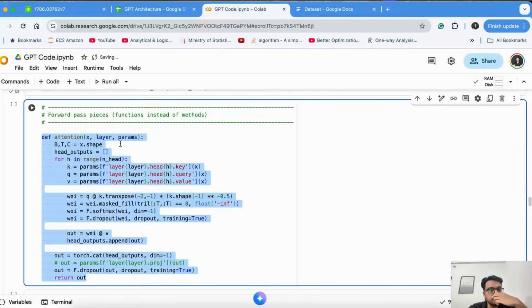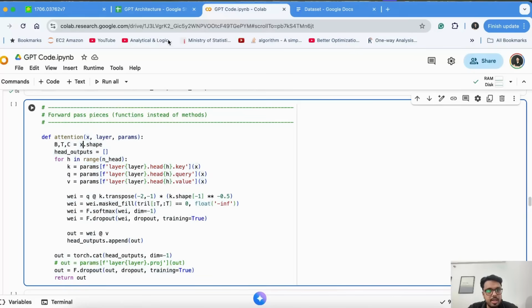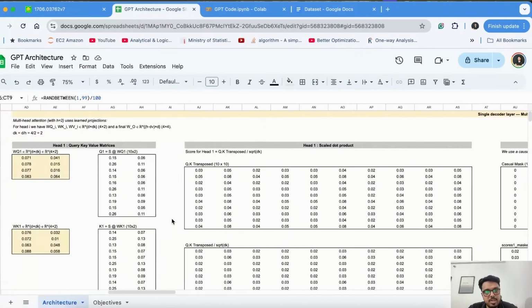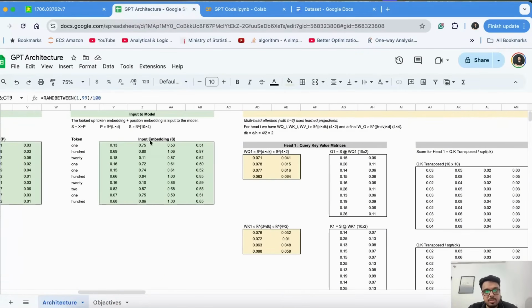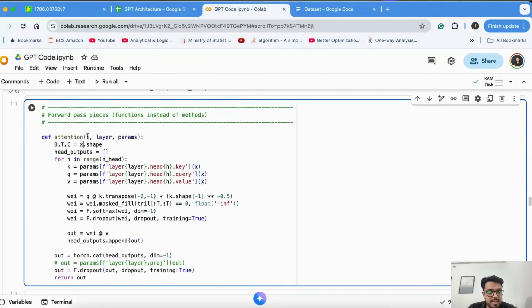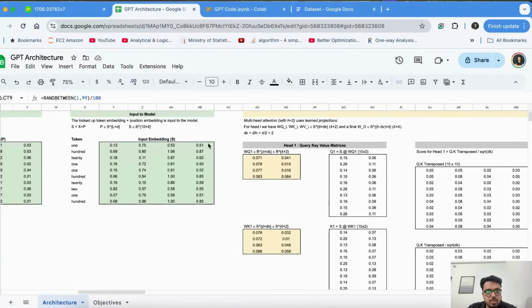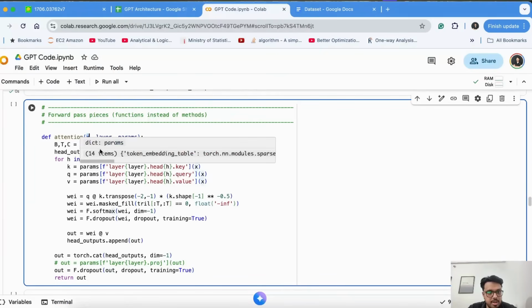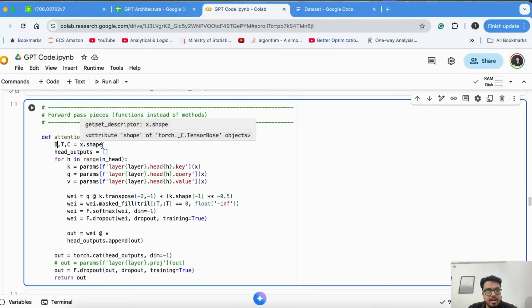So for the attention layer, I think the input is coming from the last layer. So this input to the model, this 10 by 4 matrix, is what goes as input to the attention layer. This X effectively represents this particular matrix that goes as input to the attention layer, and BTC essentially means that we are extracting the dimensions of this matrix.